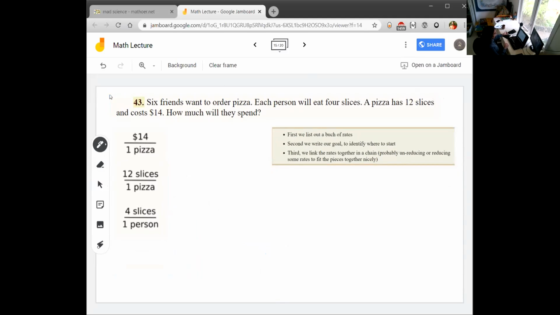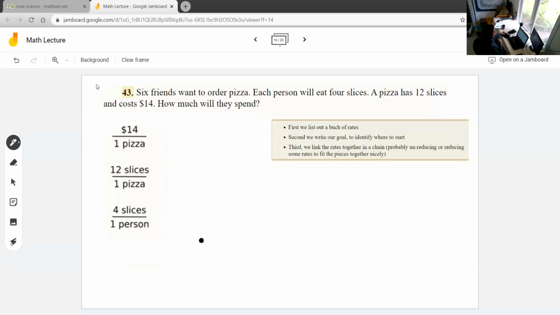Okay. So we have 6 friends, they want to order pizza. Each person has 4 slices. A pizza has 12 slices, and one pizza costs $14.